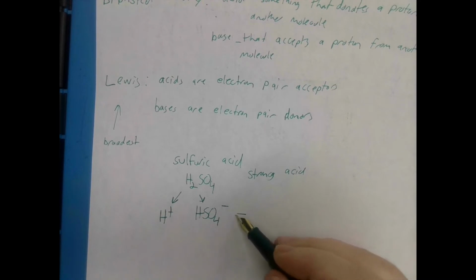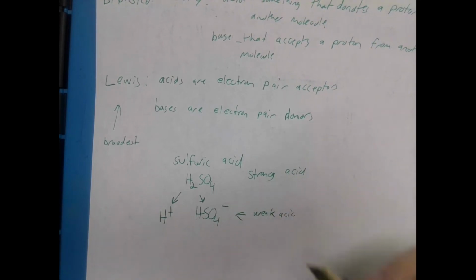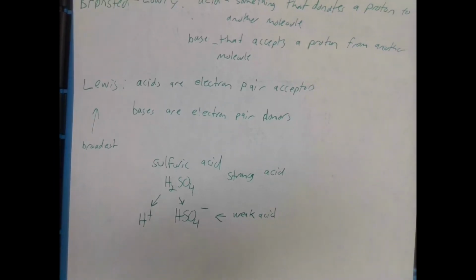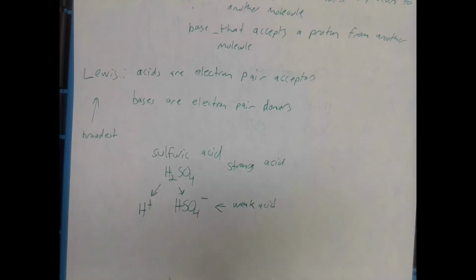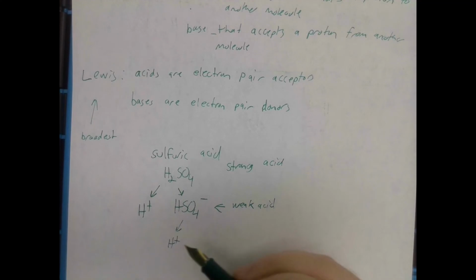This right here is a weak acid. Yes, you can have acids that are not molecules. You can have ions that are still acidic, which means this won't constantly break apart. This will roughly sometimes produce H plus ions and SO4 2 negative ions.